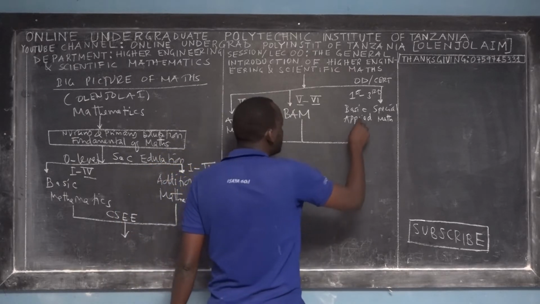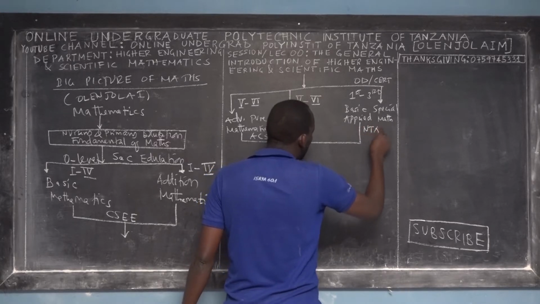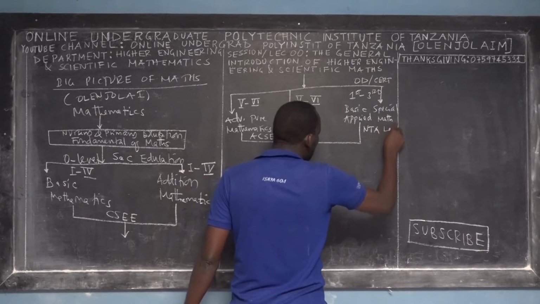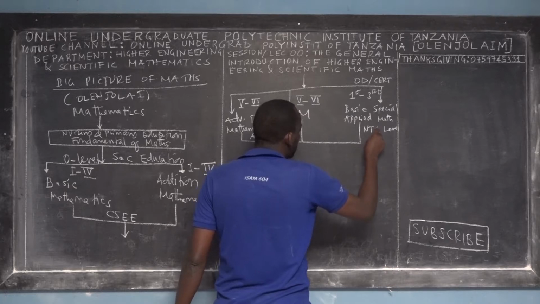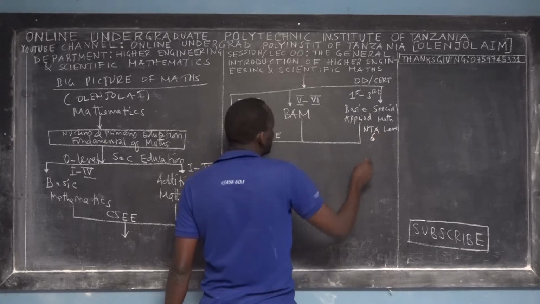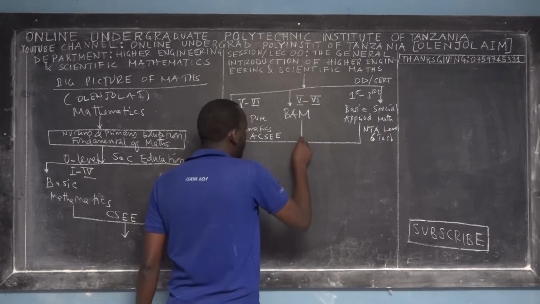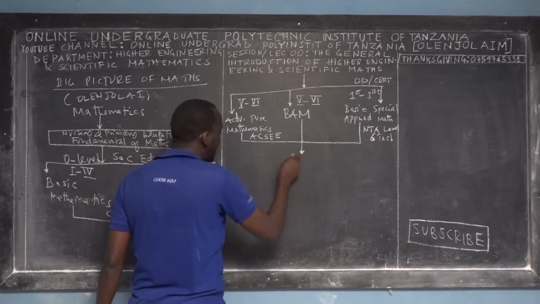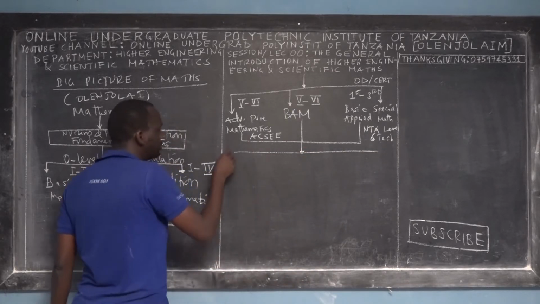And for this route, you graduate with the Certificate of National Technical Award, NTA level 6, which is for the technician. When you graduate and want to reach higher, you can go into this route.